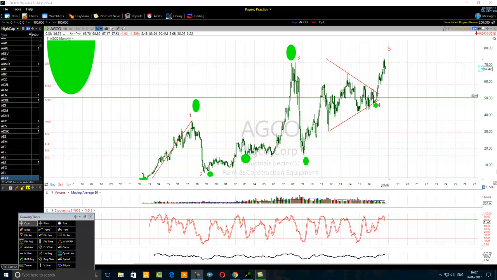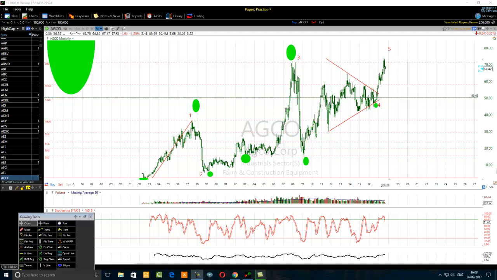So the first Elliott wave rule stated that the first Elliott wave should not be cancelled by the second Elliott wave, or the second Elliott wave should not cancel the first wave. The second rule stated that the fourth Elliott wave should not overlap the first wave.